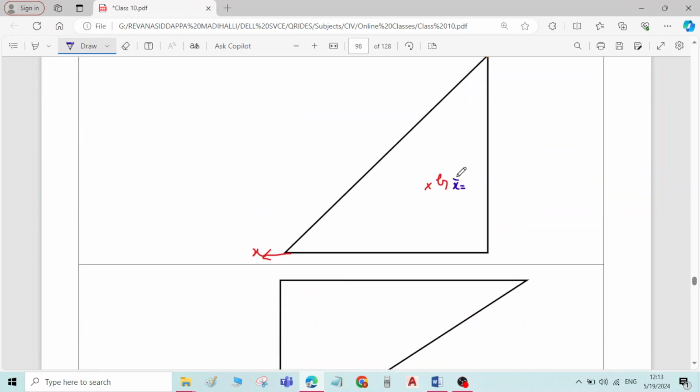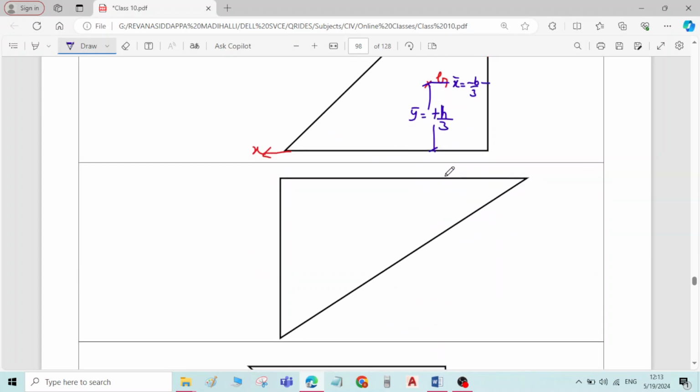Now it is in the second quadrant. X bar becomes equal to minus b by 3 and y bar equal to plus h by 3. In the second quadrant, y is positive, x is negative, only x is negative. Okay.